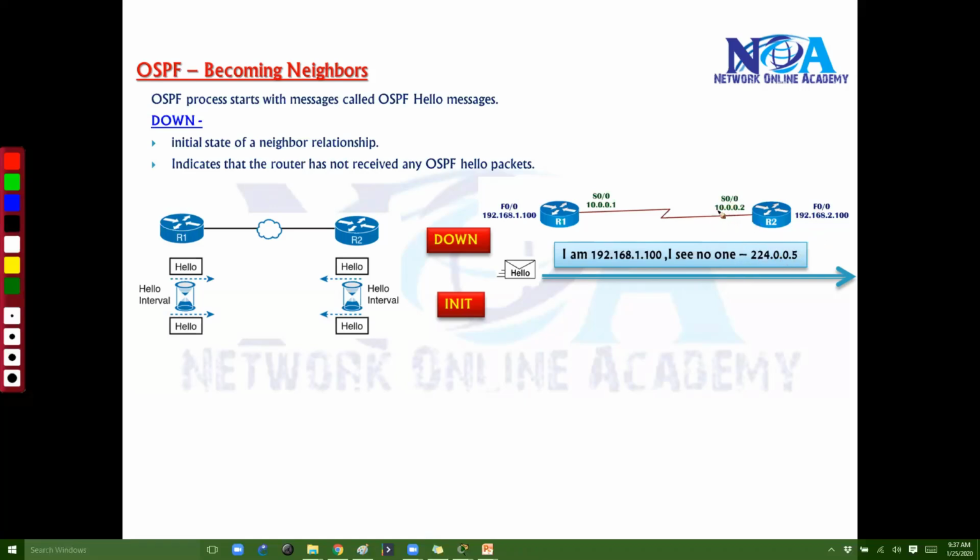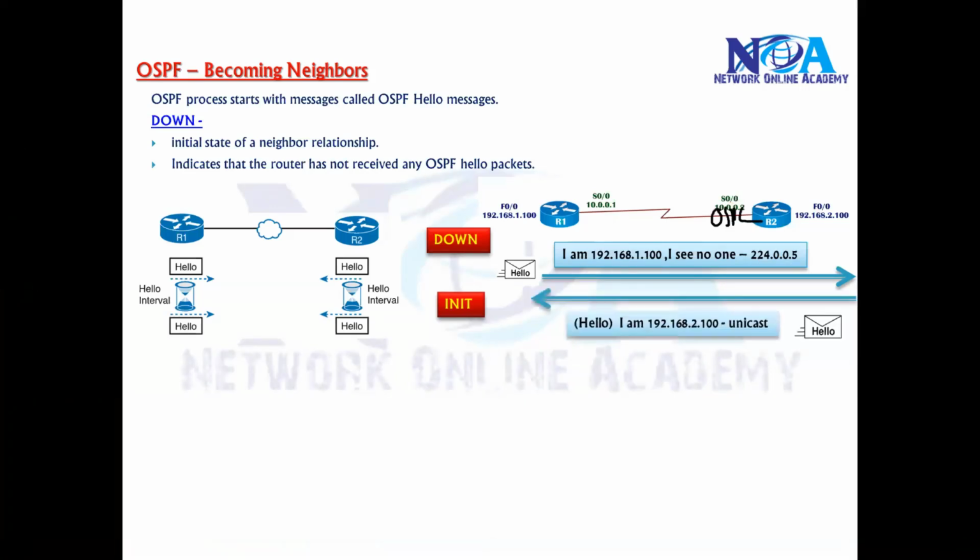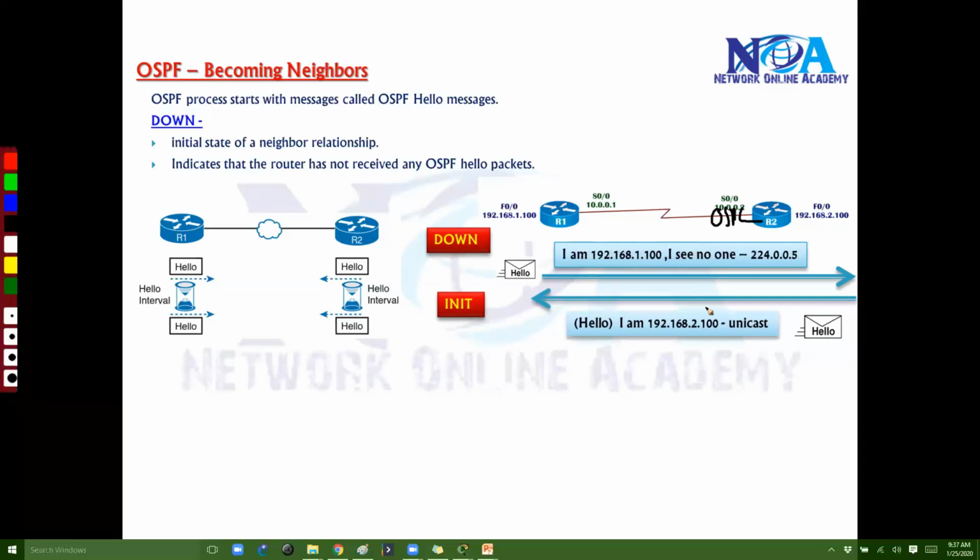When we configure OSPF on this router, it will listen to that hello message, and it is going to reply back with a hello again. The reply will come as a unicast, and in that reply, it will include its ID, whatever ID it is using. So this is what happens in the init stage. In simple words, the routers exchange hello messages.